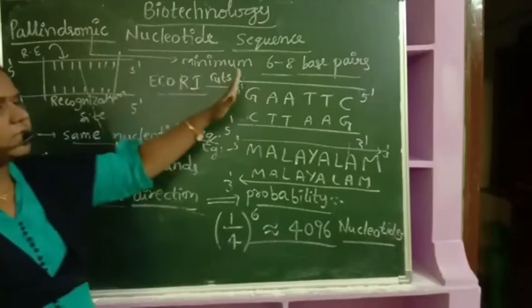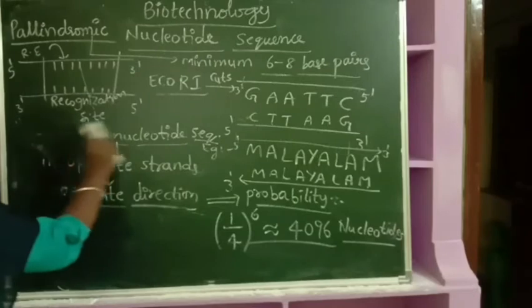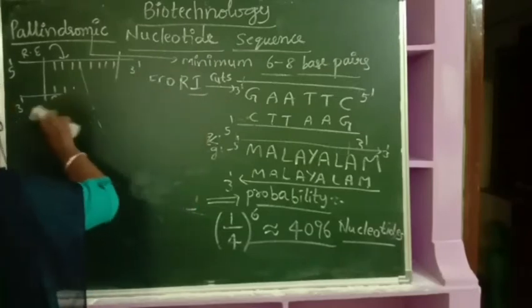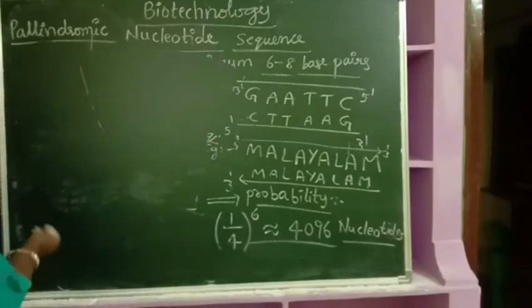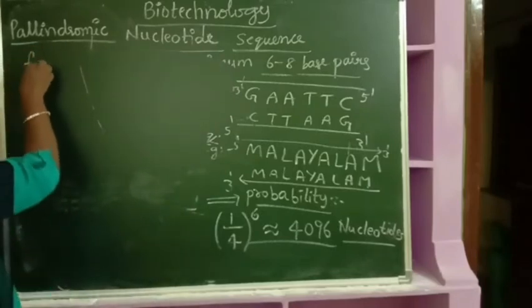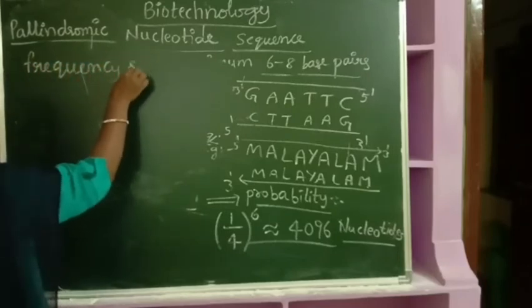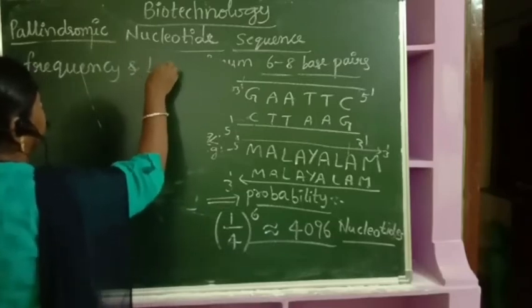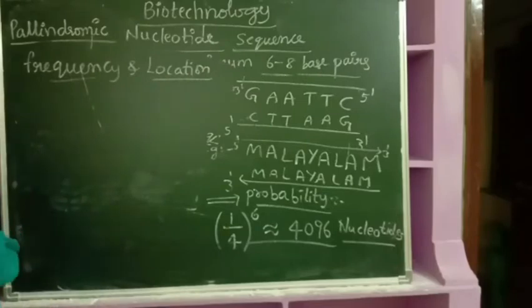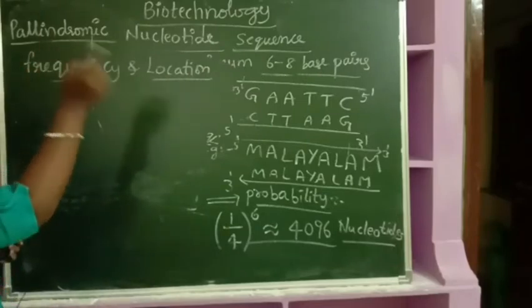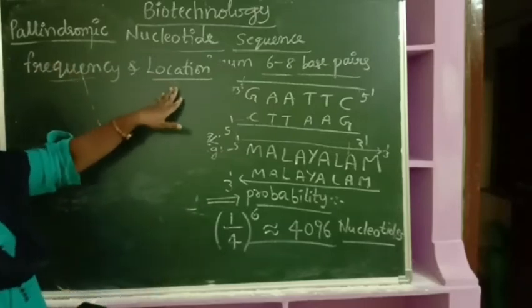Okay, and what is the frequency? How frequently will it cut the DNA into a number of fragments? We say the frequency and location means how many times it will make the cut, how many fragments it will form, how frequently it cuts the DNA, and where it cuts the DNA.